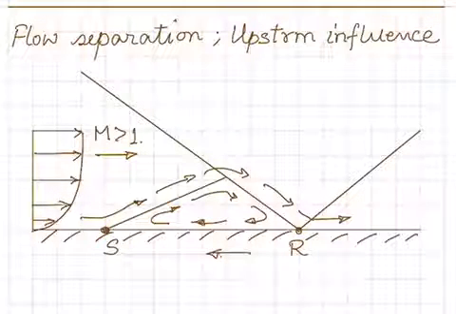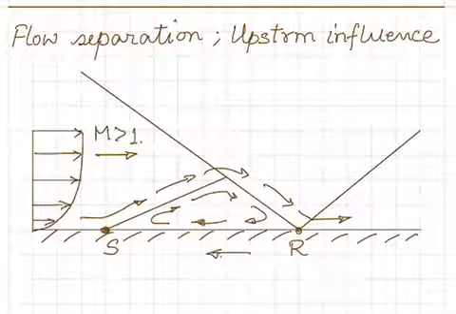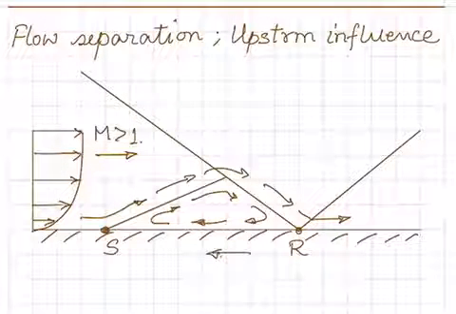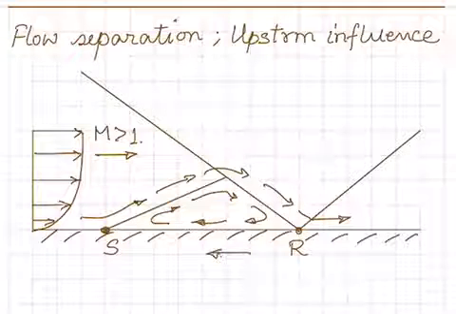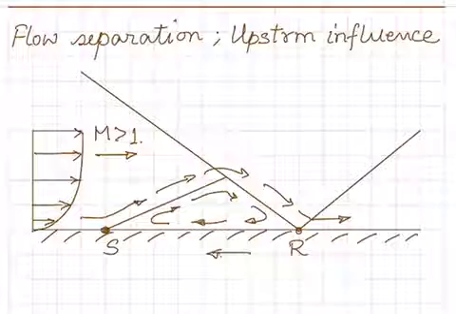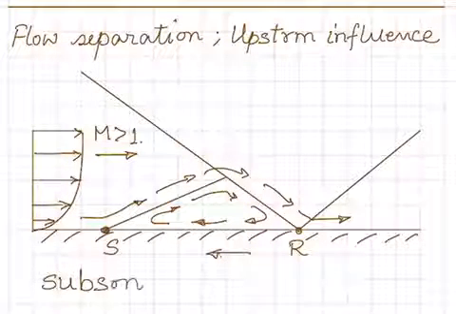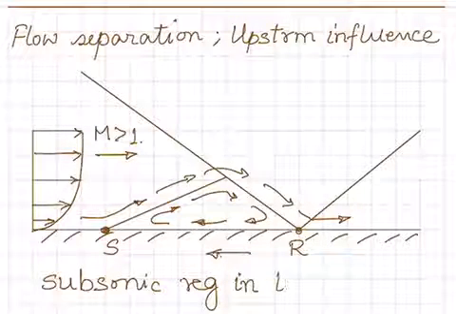How can it separate? That has been a kind of confusion, and it is resolved by noting that even in a supersonic flow, there is a subsonic region in the boundary layer.